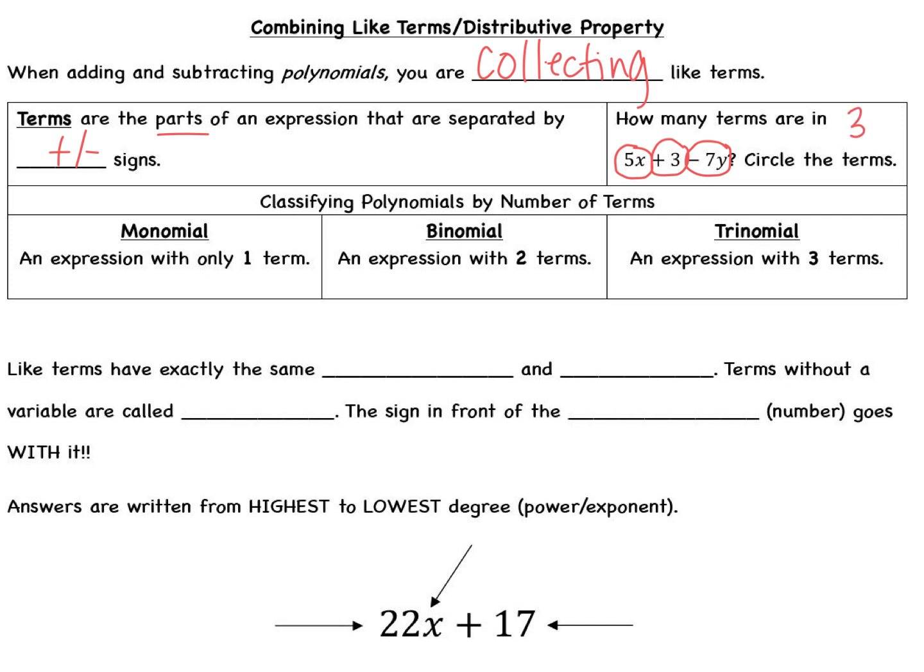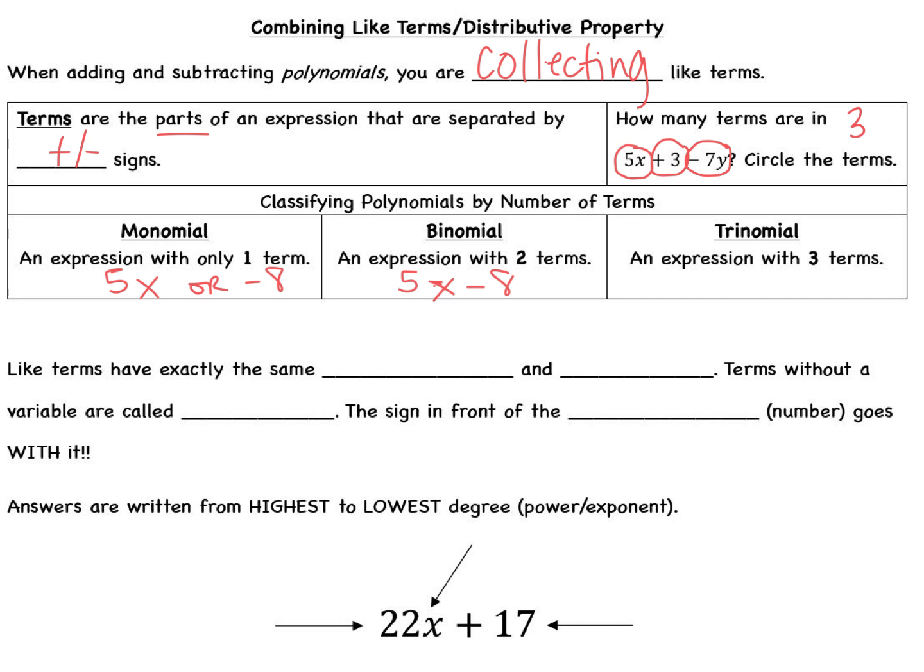Okay, so we're just looking at the individual pieces. Those are called terms. If we only have one term, so for example, if I just said 5x, or I said negative 8, those would be just one term. That's what a monomial is. A binomial is going to have 2 terms, so maybe we put those together, right? 5x minus 8.